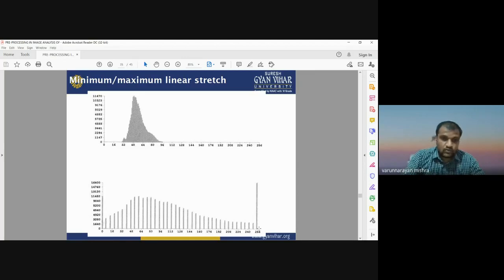The original range of the pixel values is now stretched up to the full radiometric range of the image. As this image is 8-bit, it has a full radiometric range of 0 to 255, so the actual range will now be expanded up to 0 to 255. This is the way we can perform linear contrast stretching using the minimum and maximum values of the satellite images.